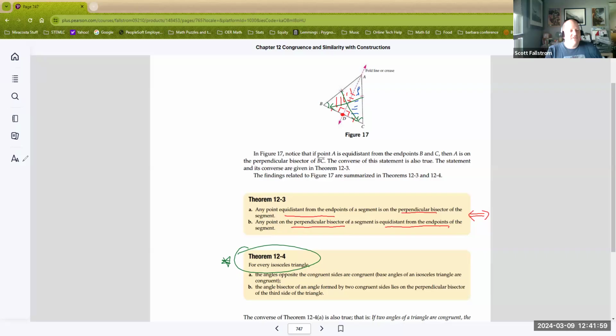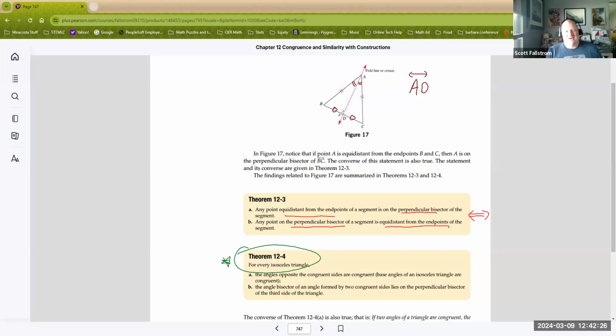That also means that if I came up here to the top, let me erase, it's getting a little bit busy here. If I came up to the top, this angle up top would have to be the same as the angle right next to it because those would correspond. And if that's true, then this line, which we made as AD, is a perpendicular bisector because it cut the side right in half. But guess what it also does?